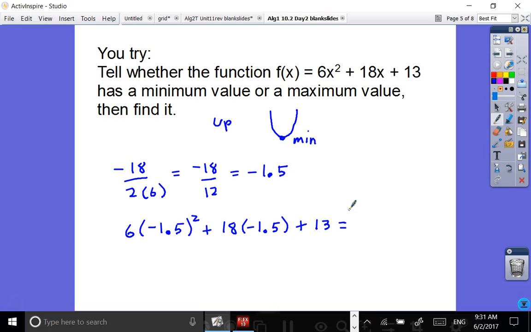Let's see what I get. Negative 0.5. So the point is negative 1.5, negative 0.5. What is the minimum value itself? Actually, that's the minimum value, negative 0.5. Where does it occur? At negative 1.5.